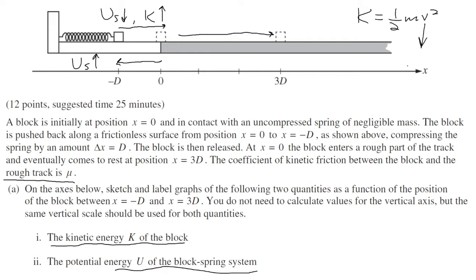And if the speed is decreasing, the kinetic energy is going to decrease, because the kinetic energy is proportional to v squared. So what we should see is that the kinetic energy of the block decreases along this entire distance. What should also be noted, I think, is that the spring stops decompressing itself here.